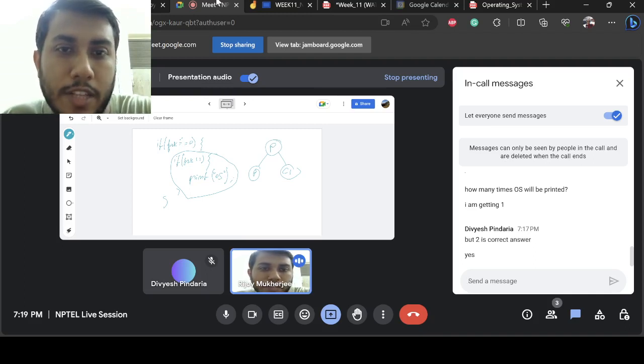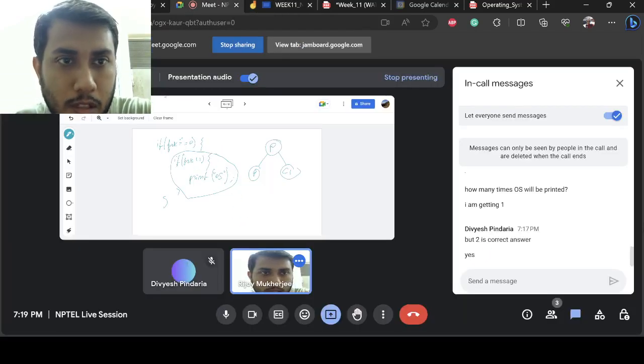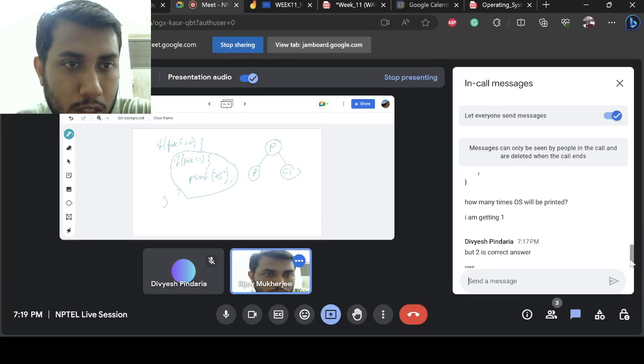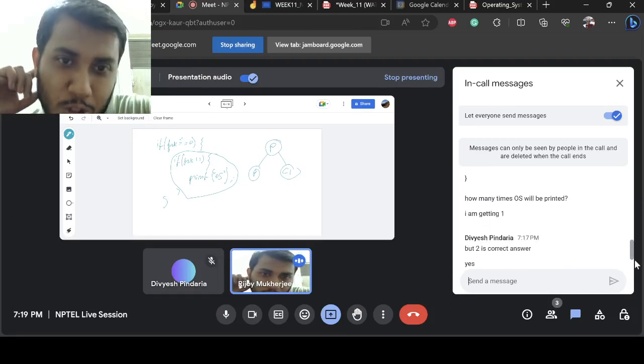For the child, this one will be executed, right? So this one will be executed only for the child. I mean, it will be printed once.